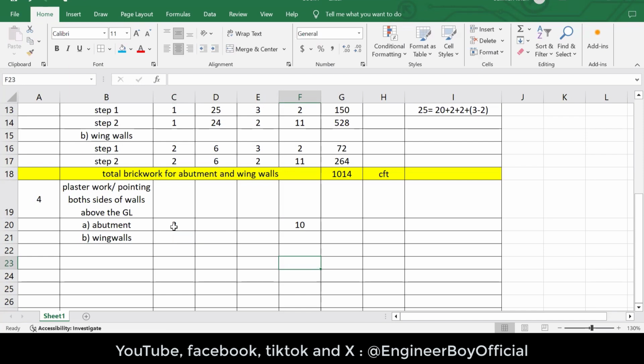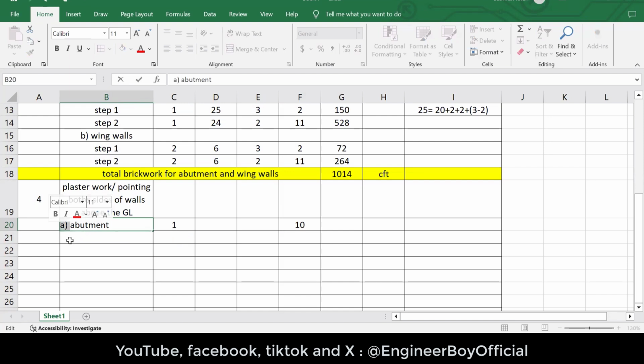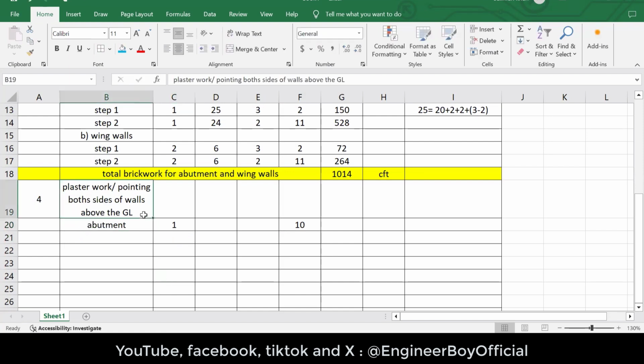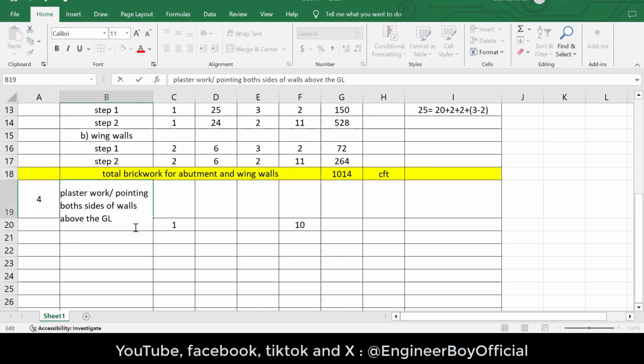Very simple. So I'm going to remove that 2 and say 1 instead, and I can even include the abutment and wing walls together.